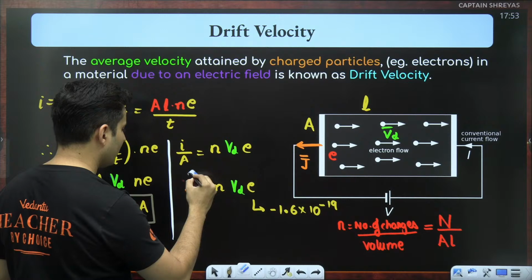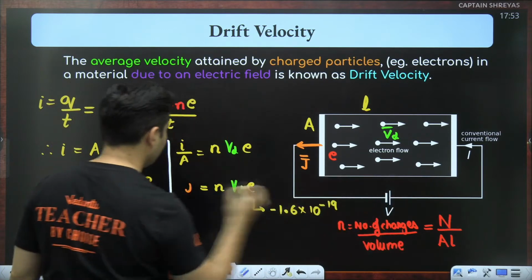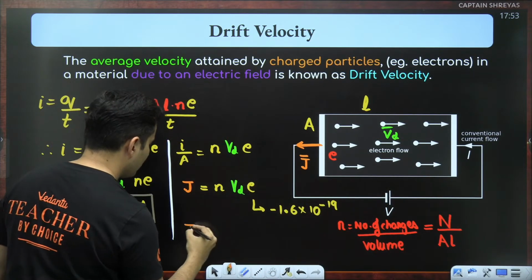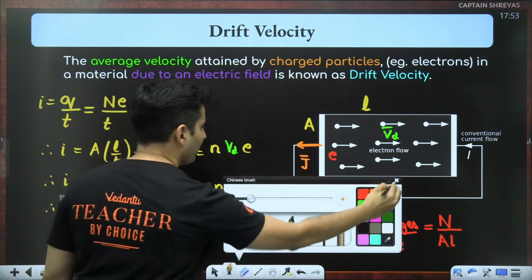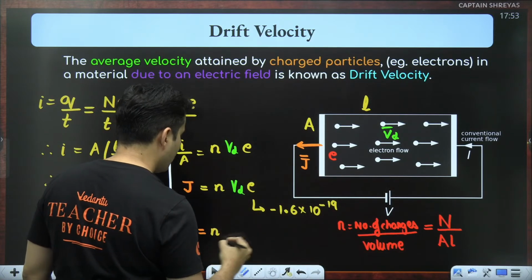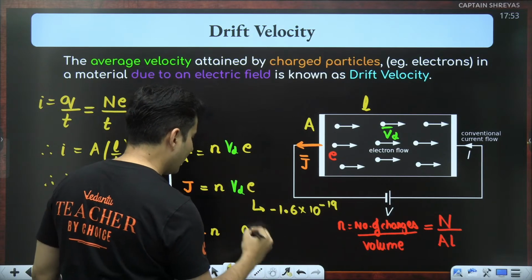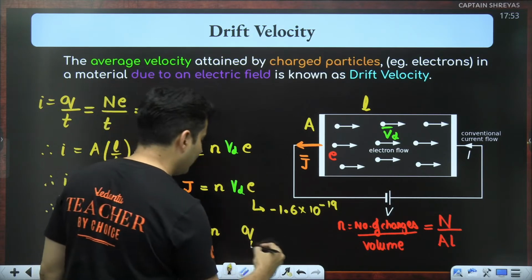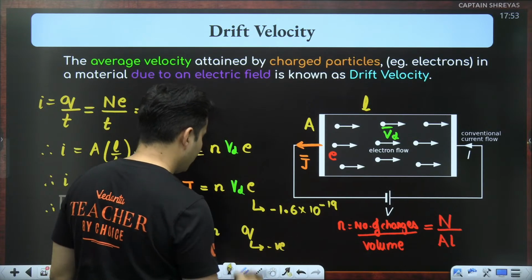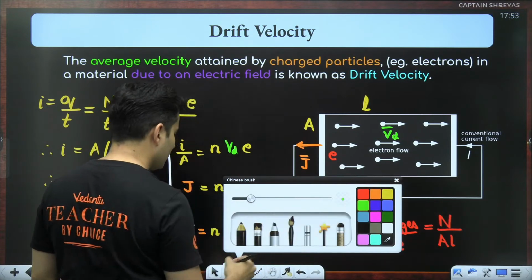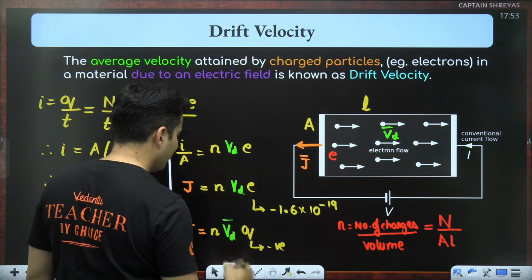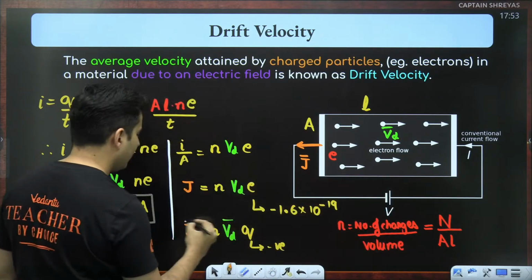Let me just put it over here. So J will be equal to N, and then I will put q over here. This q can be your negative charge, and this will be your drift velocity, and this will be your current density.